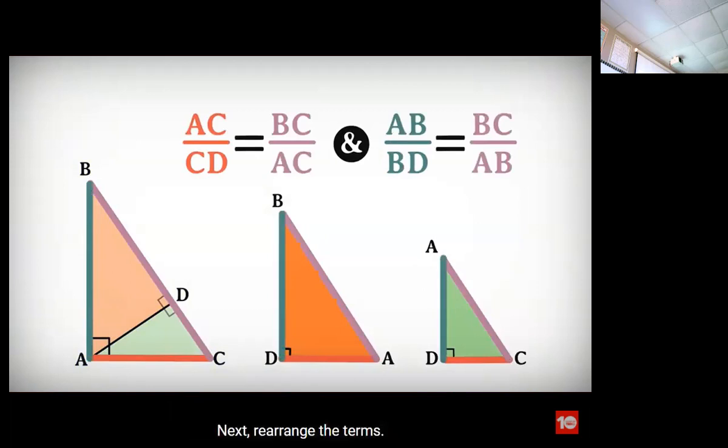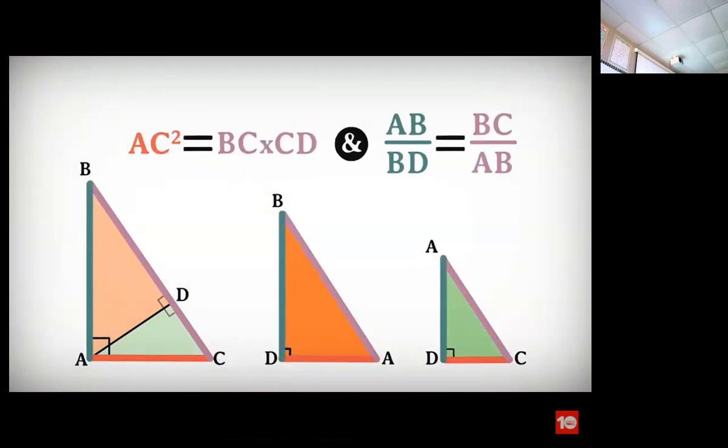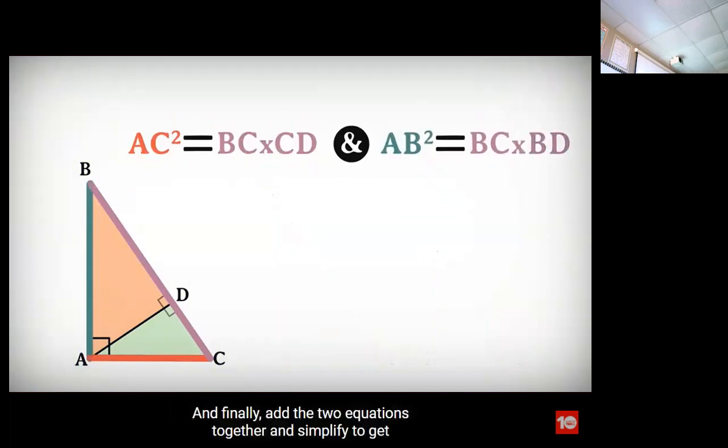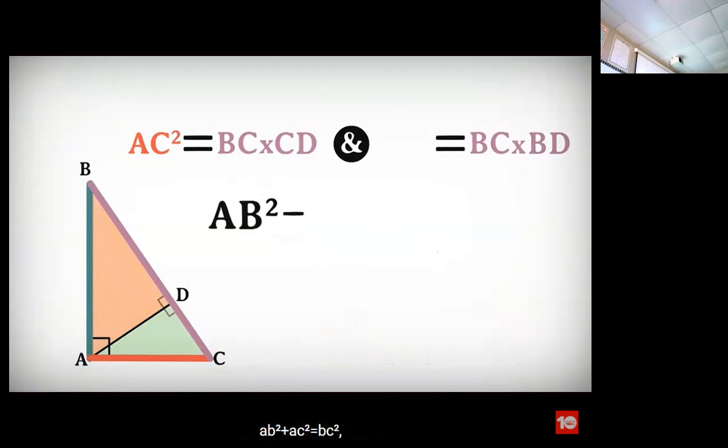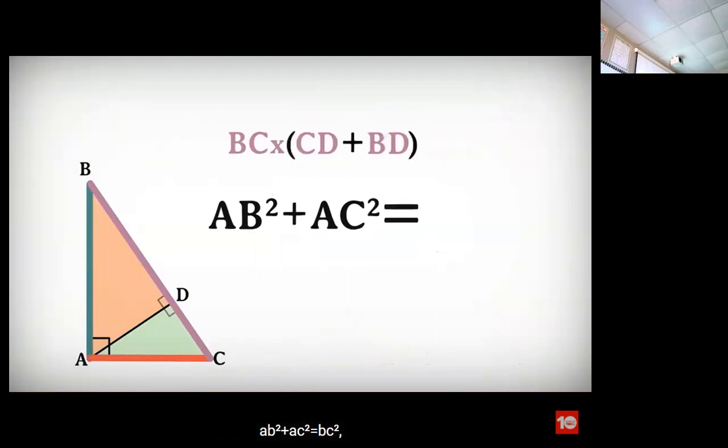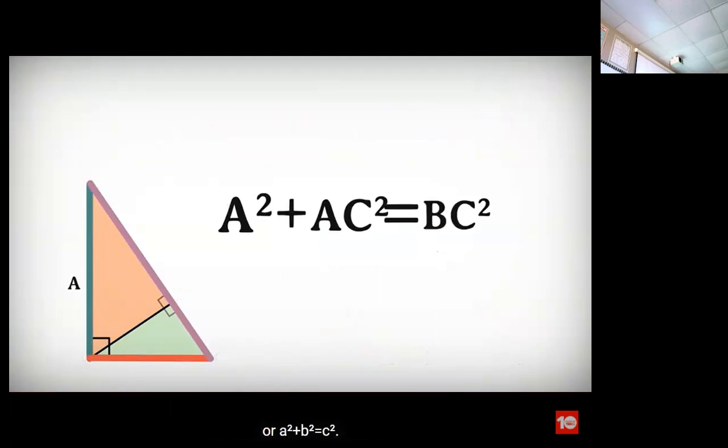Next, rearrange the terms. Cross multiply. And finally, add the 2 equations together and simplify to get AB squared plus AC squared equals BC squared, or A squared plus B squared equals C squared.